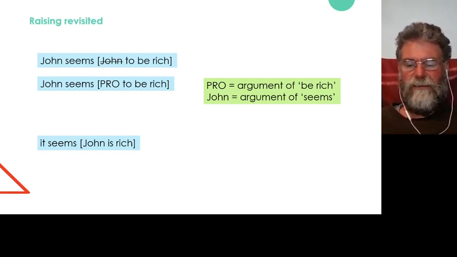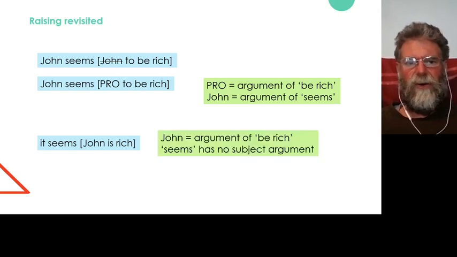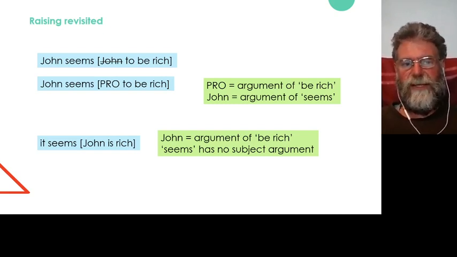So seem as a verb doesn't have a subject argument. And obviously in this case, John is interpreted as the argument of being rich. It's clearly true because John is down there in that clause, and seem obviously has no argument of its own.